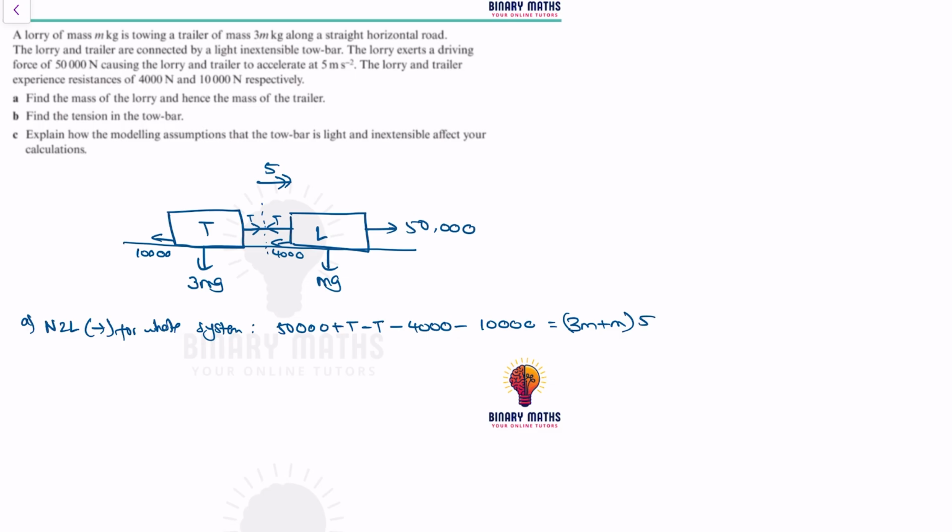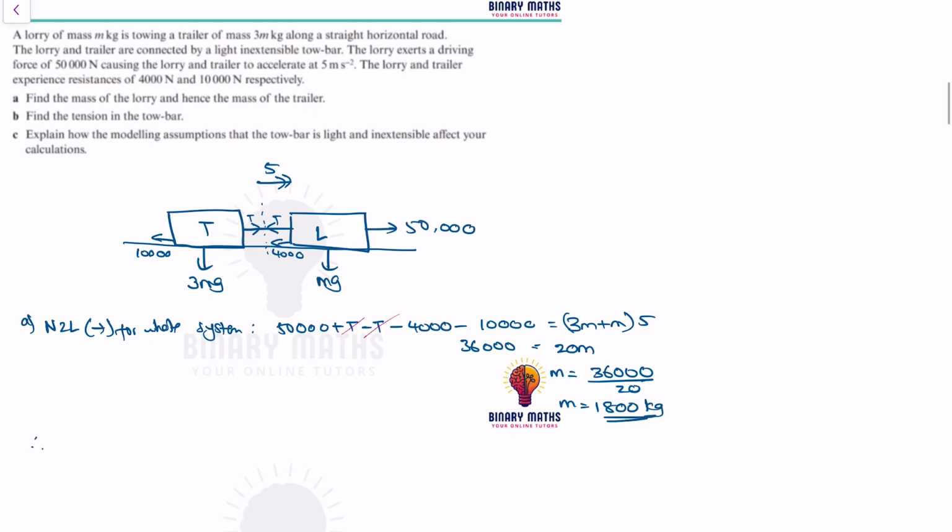Which means that the T's cancel out. 50,000 take away 14,000 is 36,000 overall. So 36,000 must be equal to 4m times 5, which is 20m. Therefore, m must be equal to 36,000 divided by 20, which means m is equal to 1,800 kg.